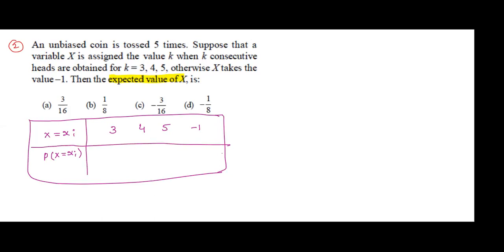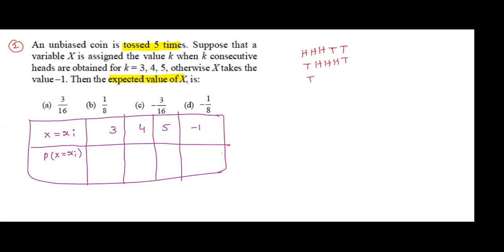First, what is the probability of getting 3 consecutive heads when we toss the coin 5 times? See, head, head, head, tail, tail. Here observe that 3 consecutive heads are there. Next, tail, head, head, head, tail.